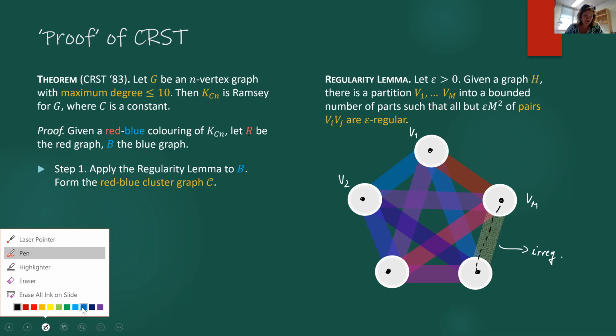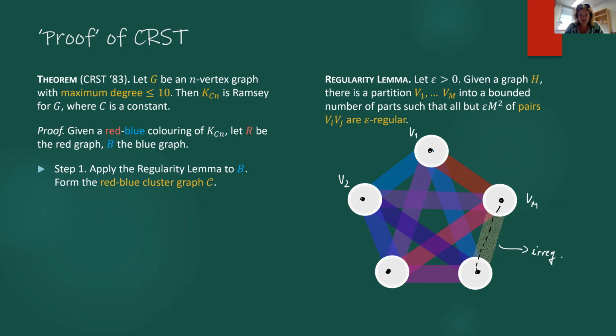And then this is, for instance, a blue pair because it's regular in blue and it has the majority of blue color. When I say majority, I mean at least half of the edges are blue. And this also looks kind of blue, and this is, say, blue.